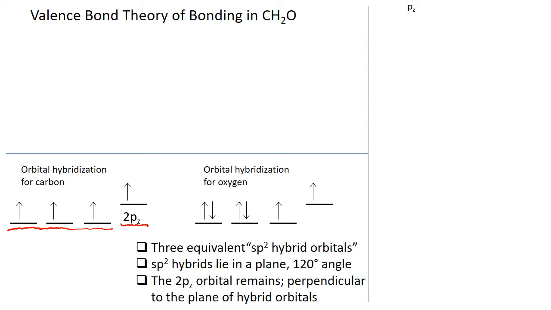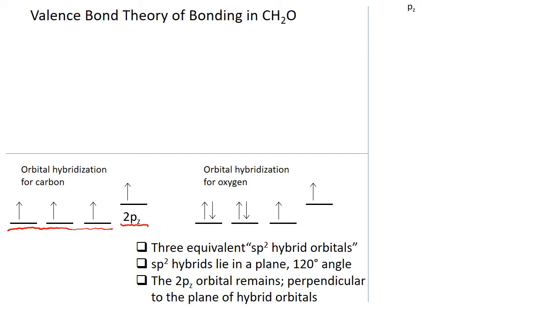Now why does that happen? What quantum theory tells us, and this is arguments from symmetry, and we'll run into that a little bit more when we talk about molecular orbital theory, is that if all the atoms lie in a single plane, which they do for CH2O, then any of the orbitals in the atoms that are perpendicular to that plane cannot participate in the hybridization process.